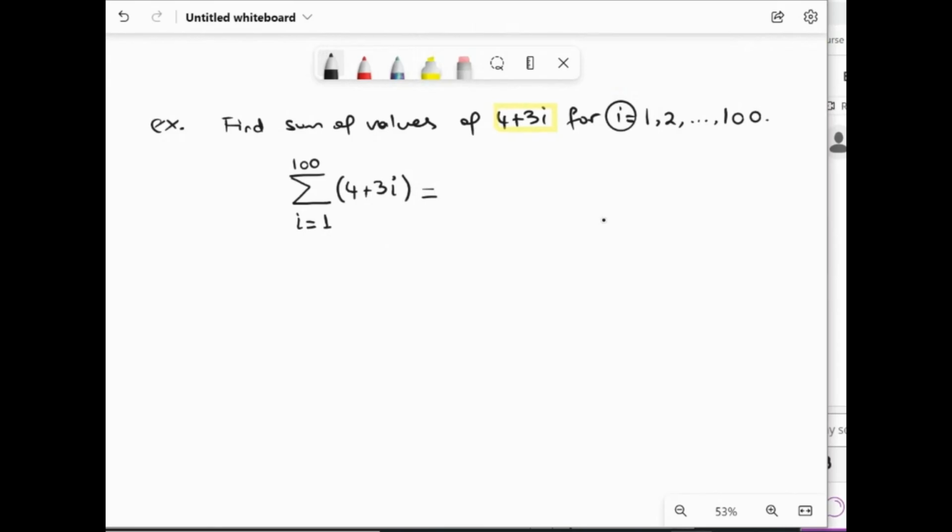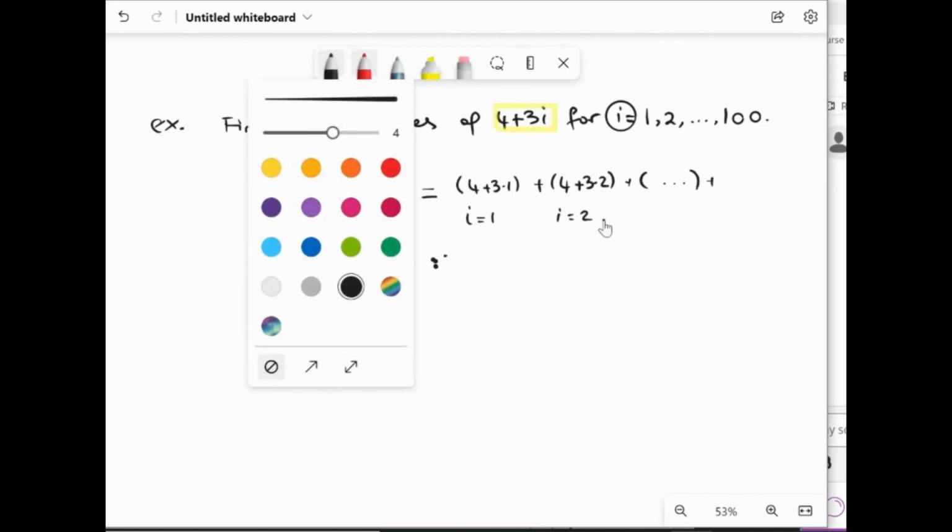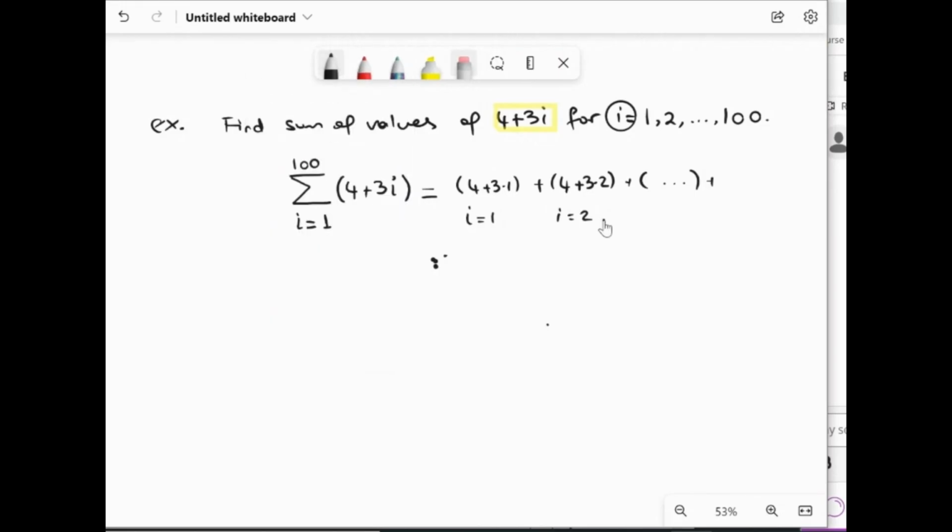That means just plug in, so for I equals 1, we will plug in 4 plus 3 times 1. For I equals 2, just plug in 4 plus 3 times 2, okay, and keep adding them. We can make use of the formulas we discussed.